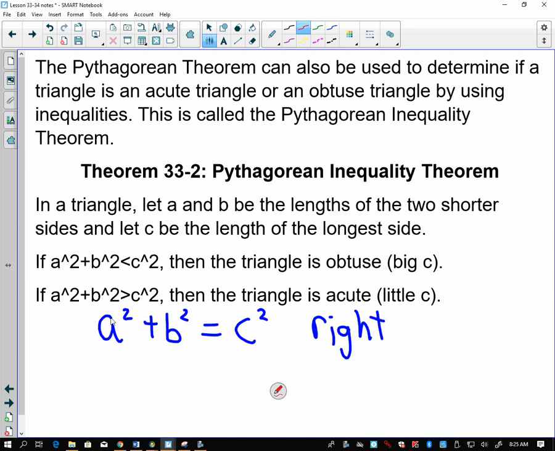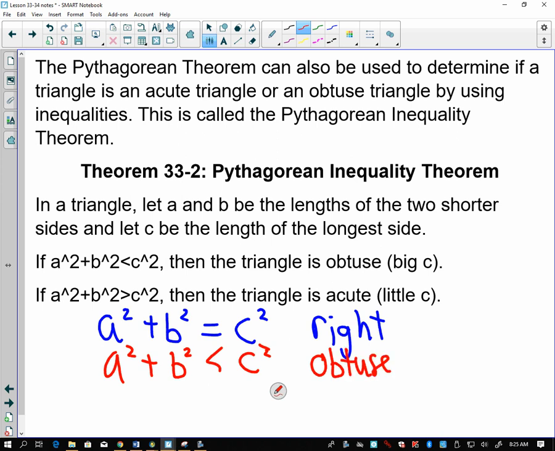Okay. Now, let's say we have a different situation where I've added up a squared and b squared, and c squared is bigger than the sum of a squared plus b squared. Because the hypotenuse is big, it is obtuse.